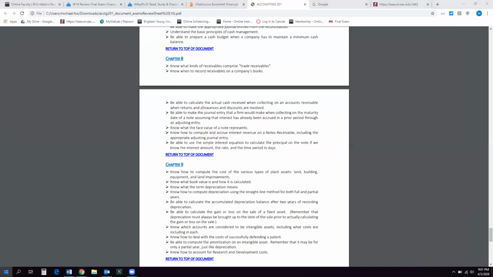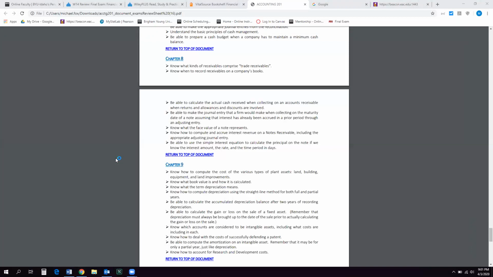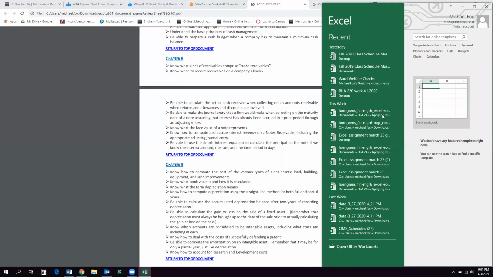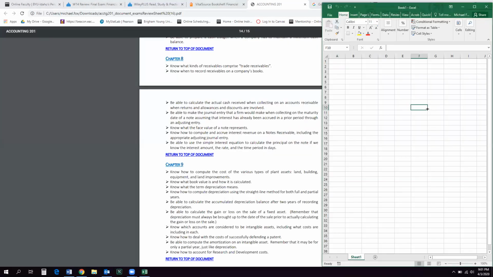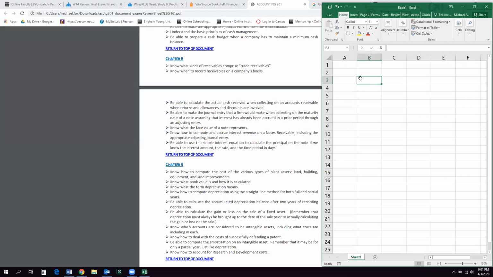So for example, if I loan money to somebody and they're going to pay me a certain amount of interest, let me just do an example here. Let's say I loan money to someone, an 18-month note, and they're just going to pay me all the interest back at maturity. I loan them $100,000, just to make our math easy, and it's a 6% note.